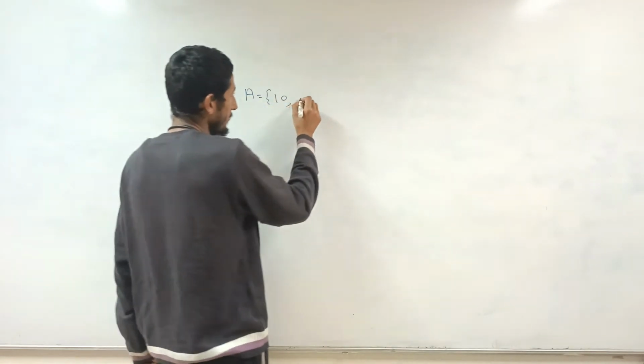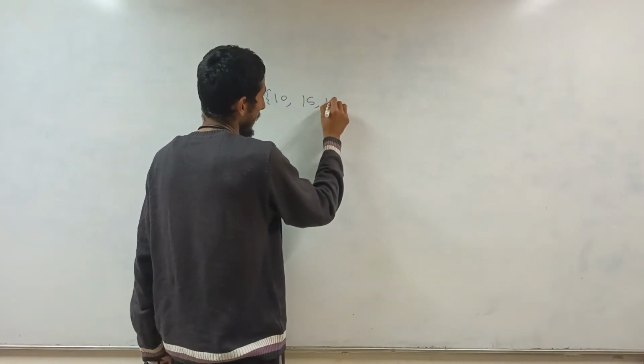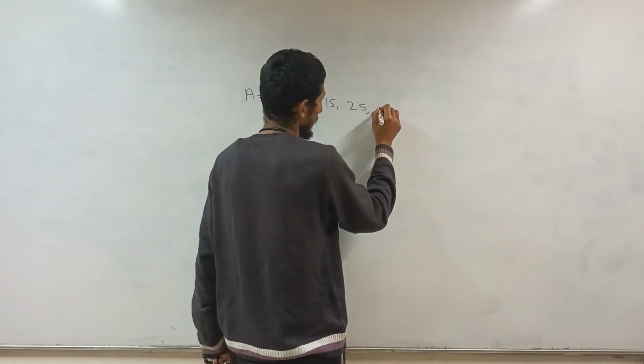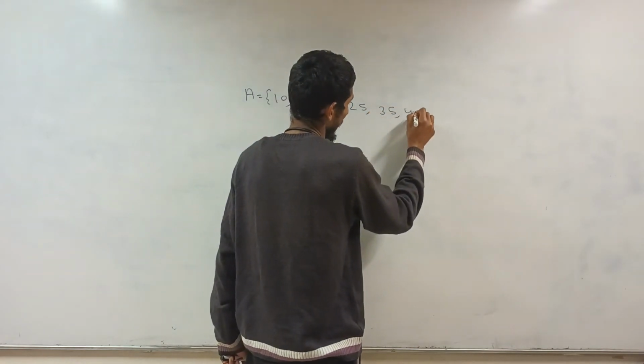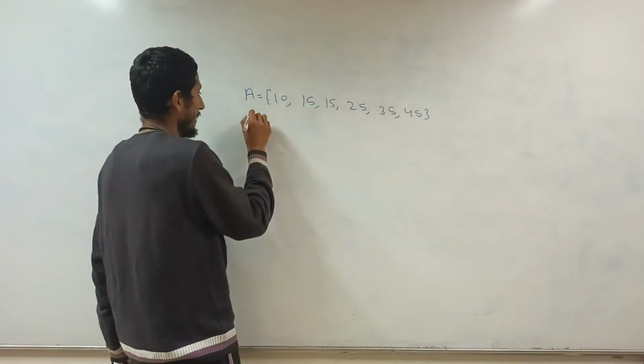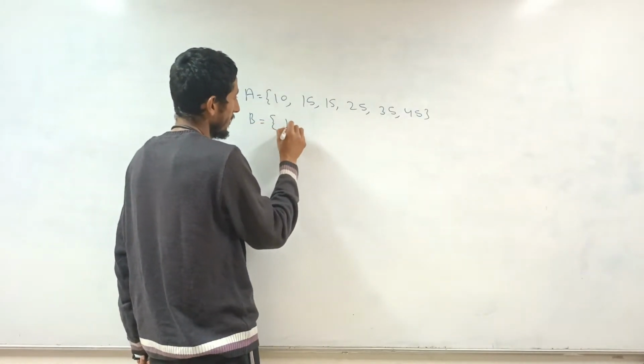Two sorted arrays are given to you like this, and let's say this is the second array.